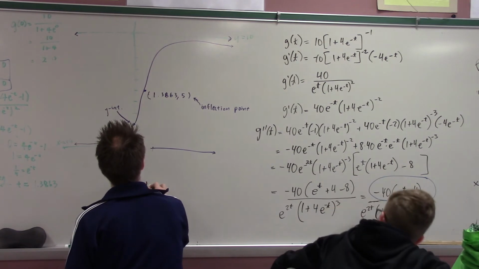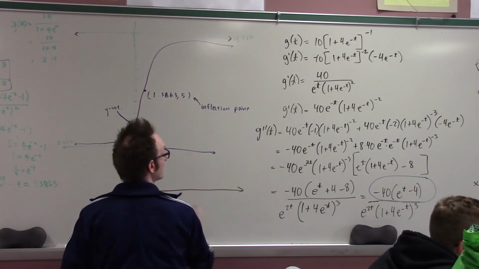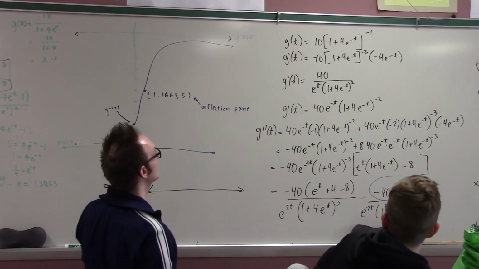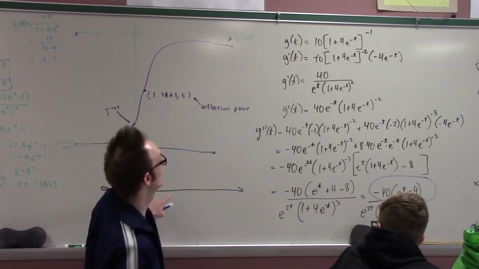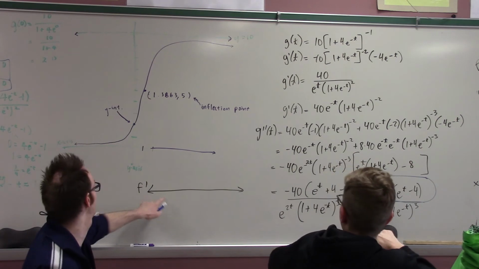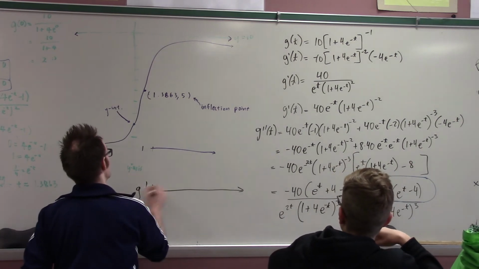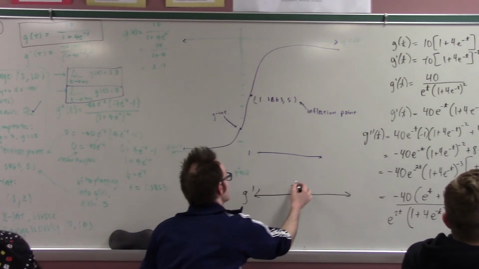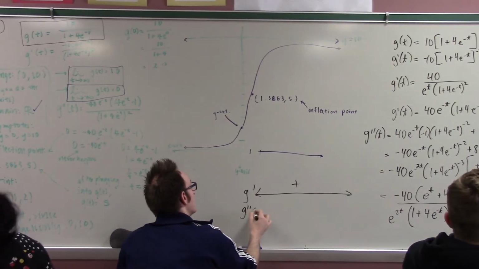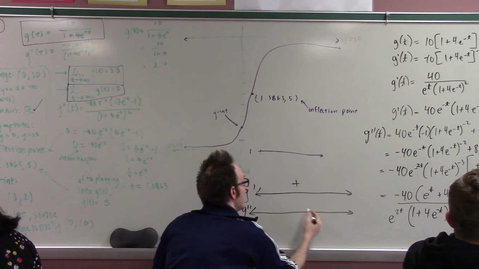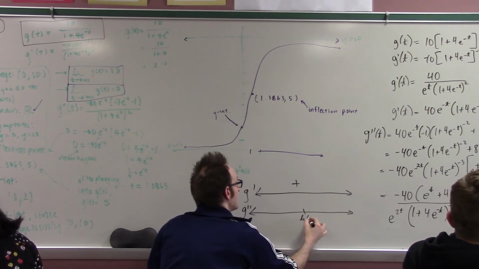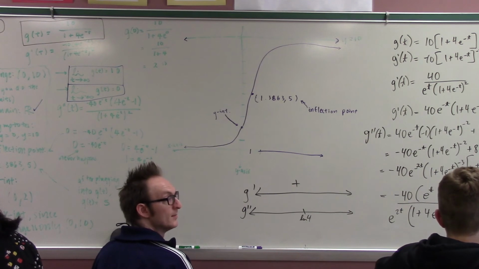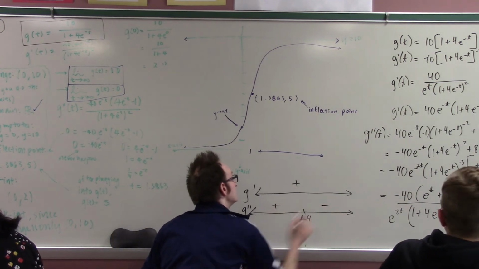Coming back over here, what have we learned about f prime? We've learned that the derivative of g is positive, always positive. And g double prime, we have now seen, changes sign at ln4, from positive to negative.